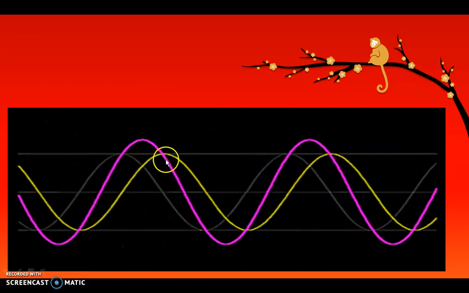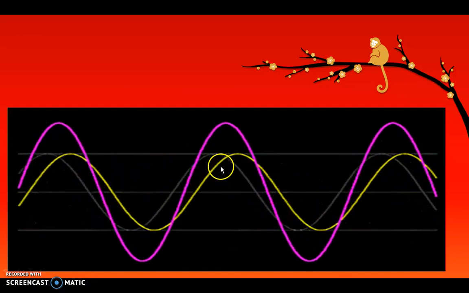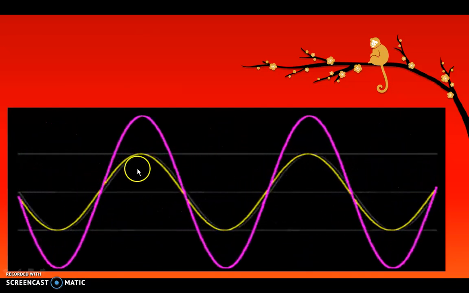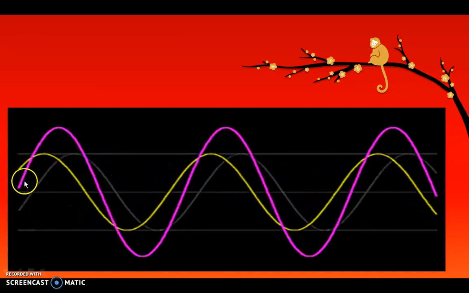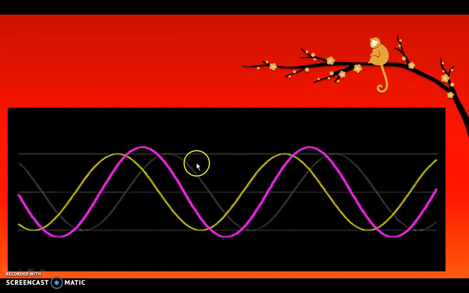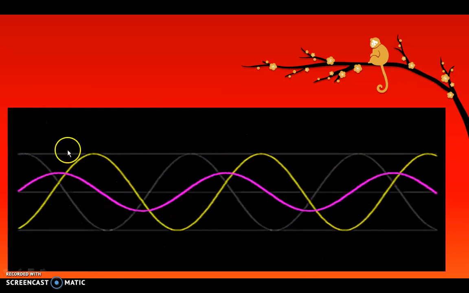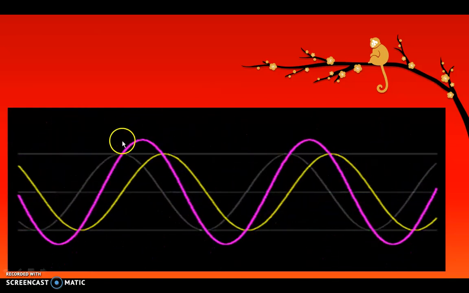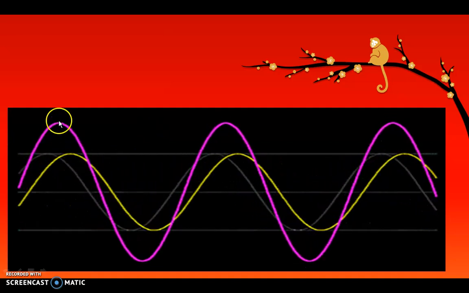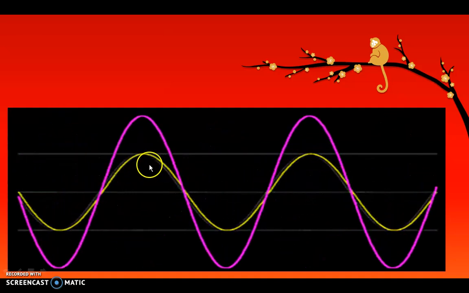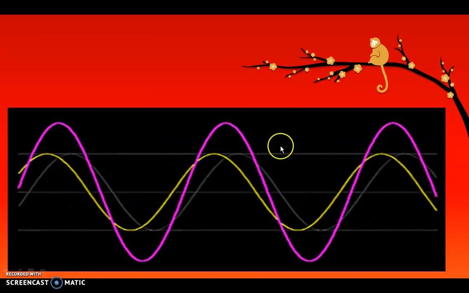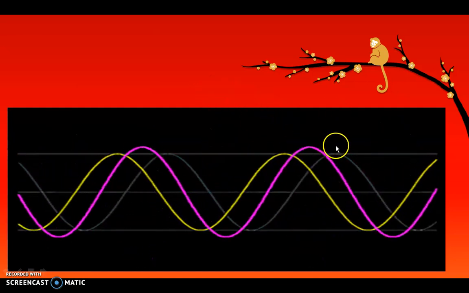These two waves will overlap each other, and because of their movement, produce this particular bigger light purple wave. This one is the wave produced, and the wave is bigger. So what happened here is constructive interference.